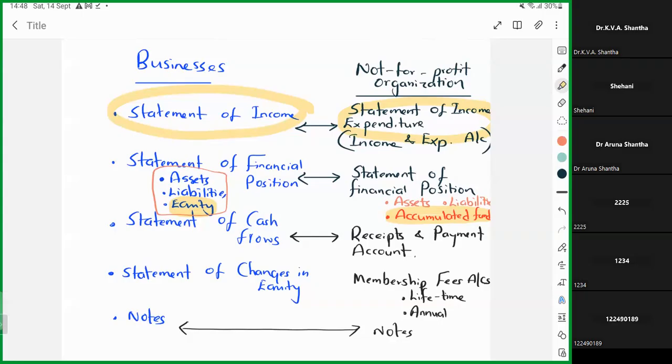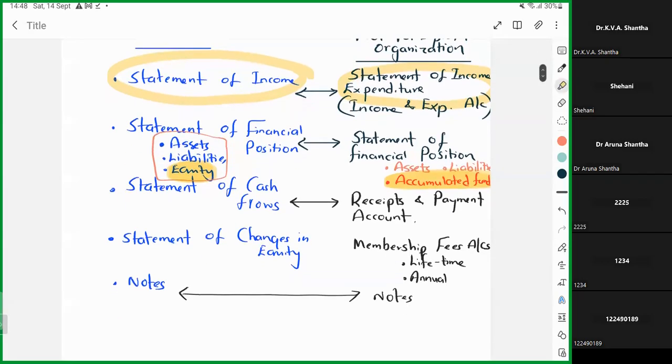Statement of financial position, assets, liabilities are almost the same. The presentation is almost the same, but in businesses you show the equity, while in not-for-profit organizations you show the accumulated fund. The other difference is the statement of changes in equity.